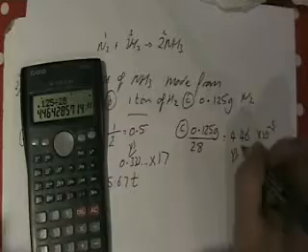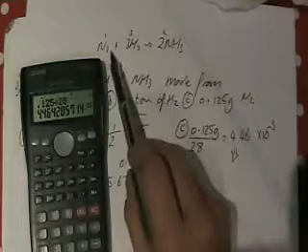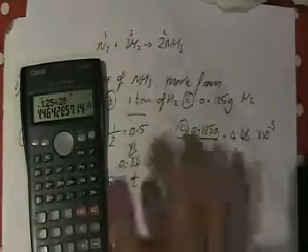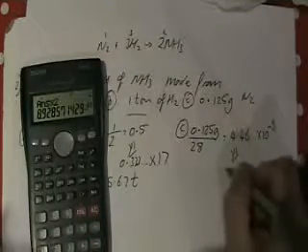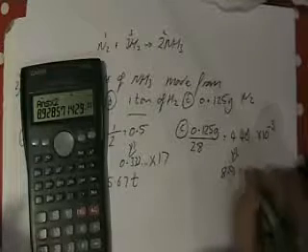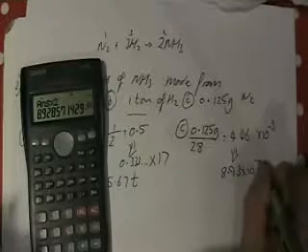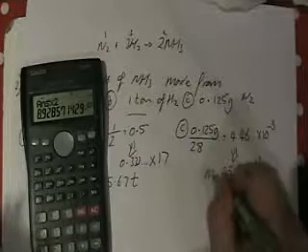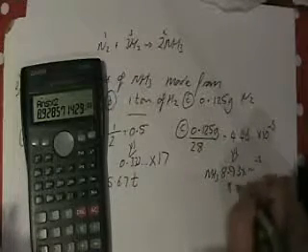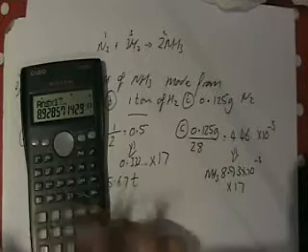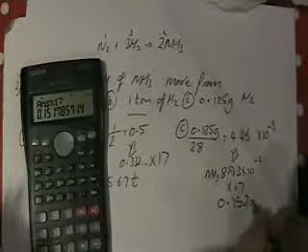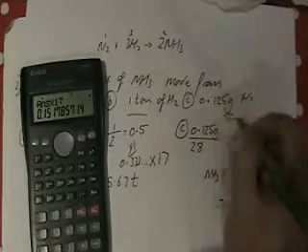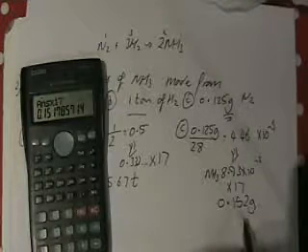So that is the number of moles of nitrogen. And remember from up here, it's 1 to 2. So we take that value on the calculator, multiply it by 2, which gives us 8.93 times 10 to the minus 3, and that's moles of our ammonia. We multiply that by 17, and that gives us 0.152. This time it is in grams, because up here we were working in grams.